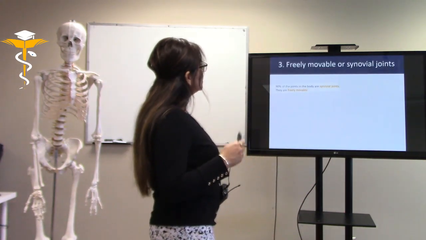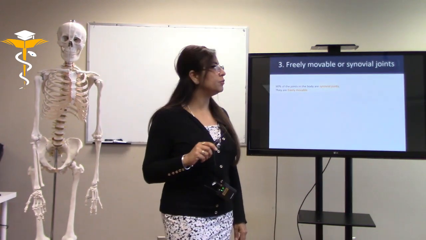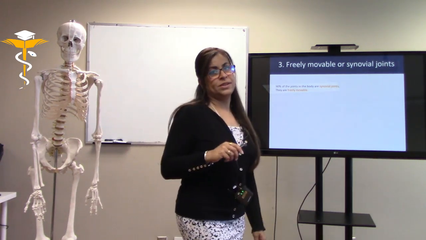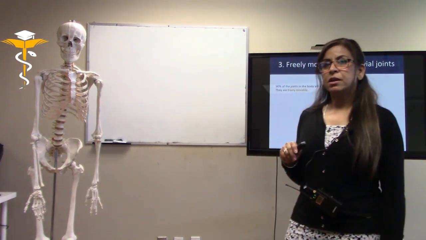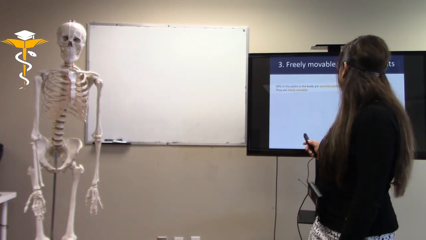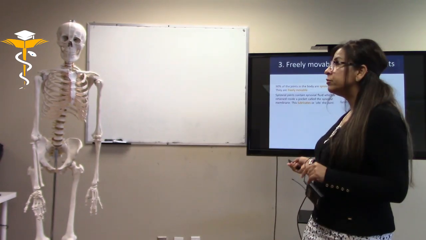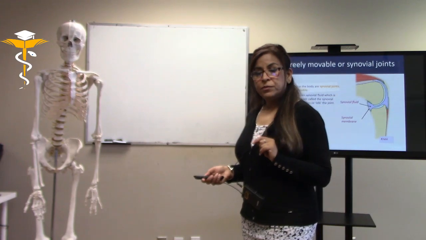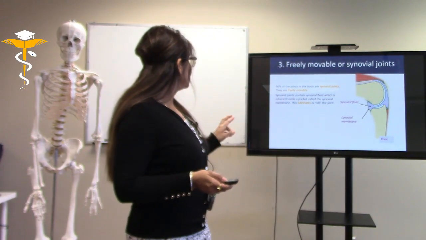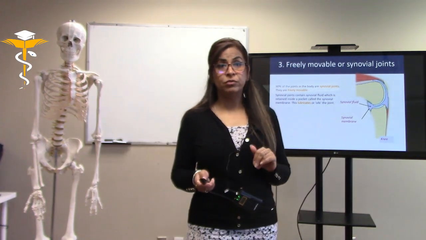The next one is the freely movable or the synovial joints. 90% of the joints in our body are actually synovial joints. They are freely movable. The main characteristic of these joints is that they have synovial fluid.